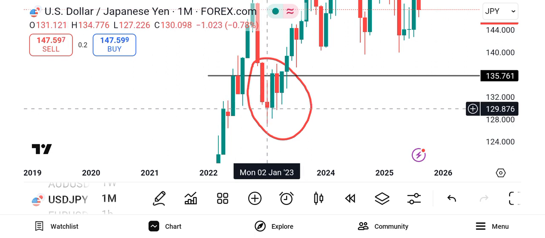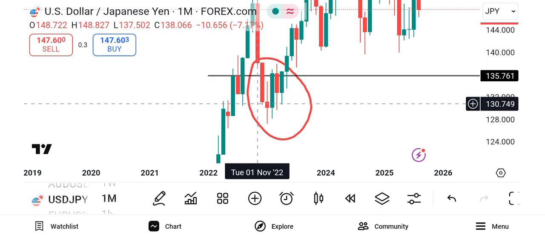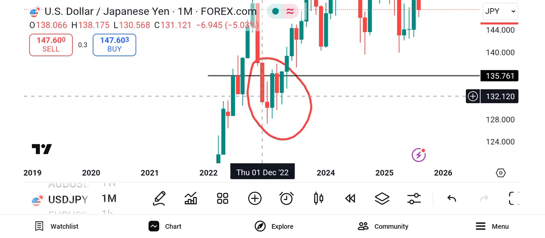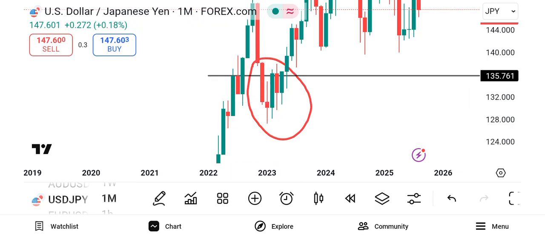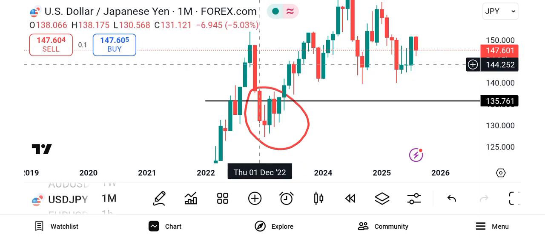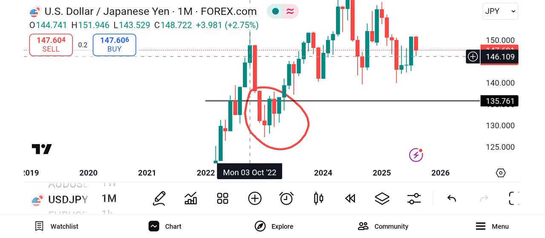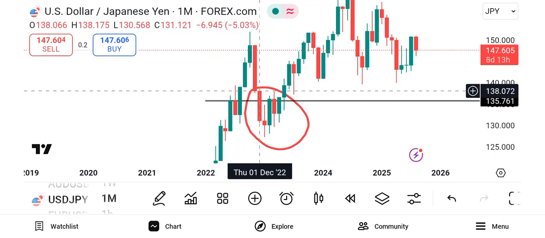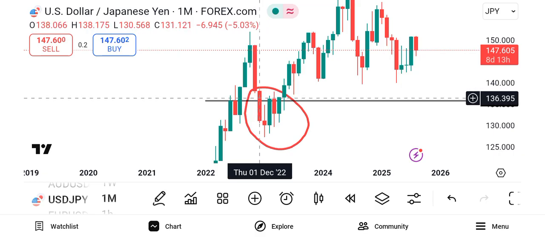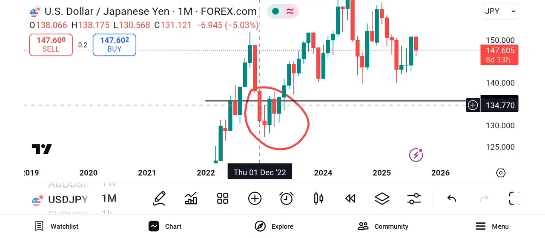This indecision is confirming to us that this particular downtrend is getting weaker, because compared to this bearish candle with a full body that engulfed even two months of this particular bullish candle, and we have another strong bearish candle here, a very healthy bearish candle.